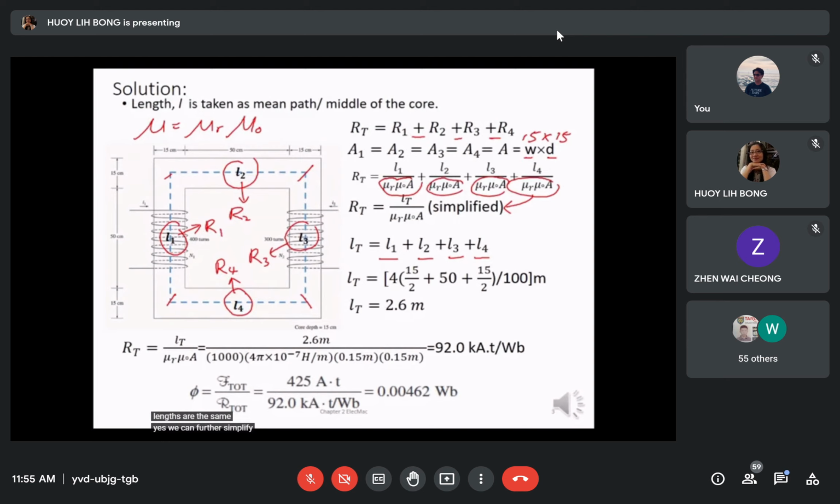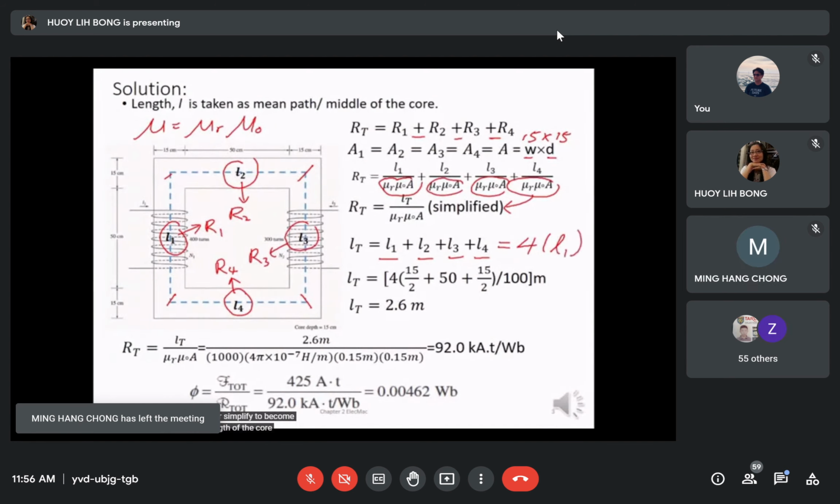Hence, we can further simplify to become 4 times the length of the core. One section of the core's length is half of 15 plus 50, and then plus half of 15 to achieve the mean length.